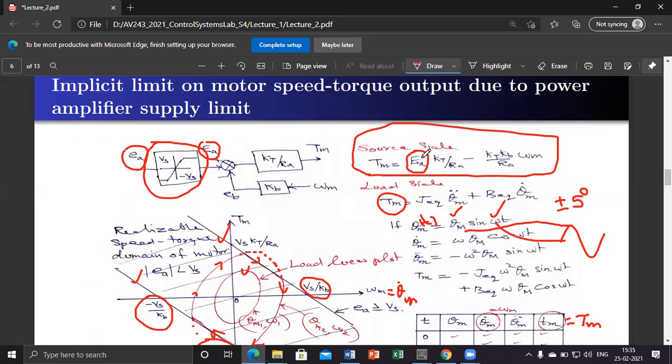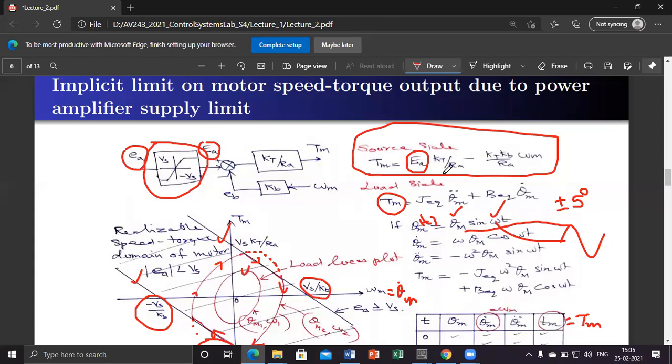Then you change Ea to another value. For different values of Ea, you will get different parallel lines. This is nothing but the source characteristic. Source here means the action of the motor to convert electrical energy to mechanical energy. That is the source I mean.